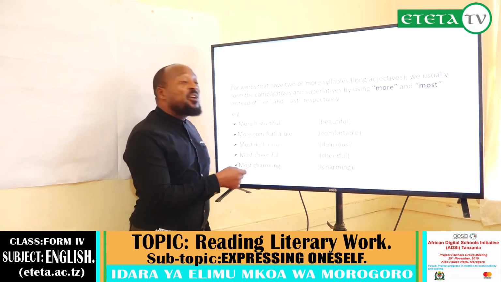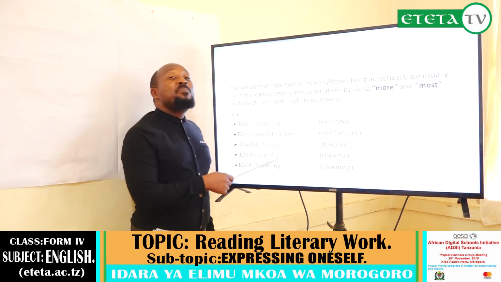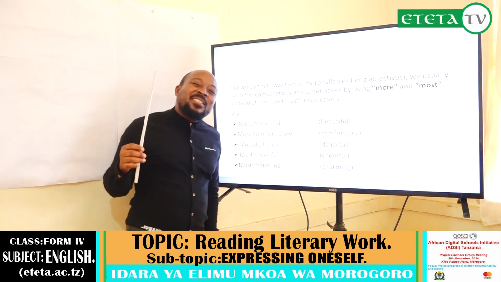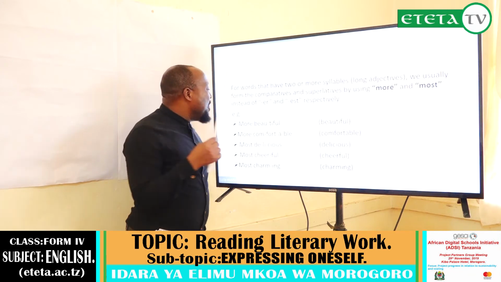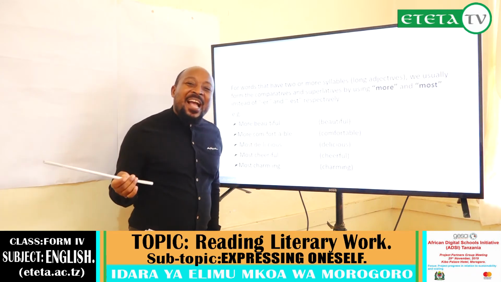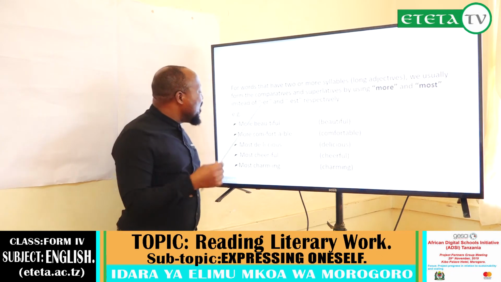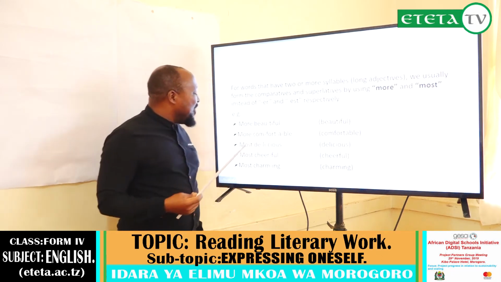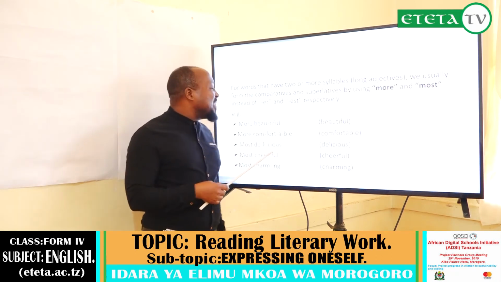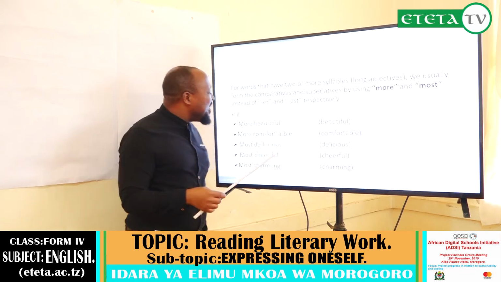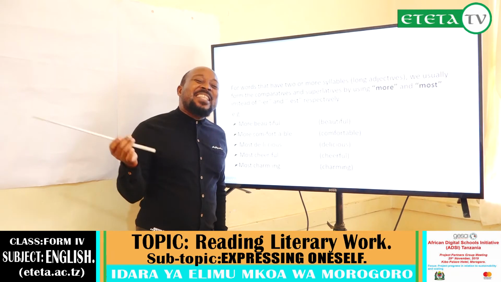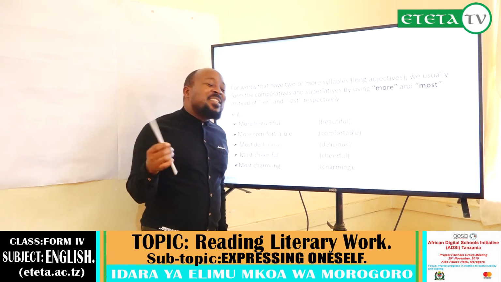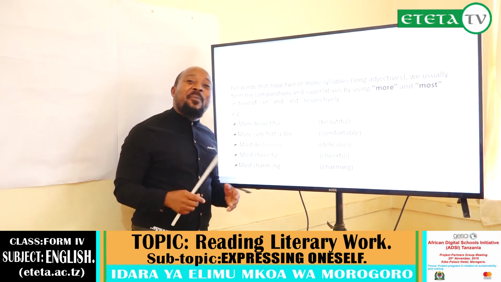So you cannot say beautifuler. That's very strange, see? Doesn't make any sense. You cannot say comfortabler. You see, for example, you have the word delicious. You cannot say deliciouser. It doesn't make sense. You cannot say handsomer, difficulter. That does not come into English grammar.